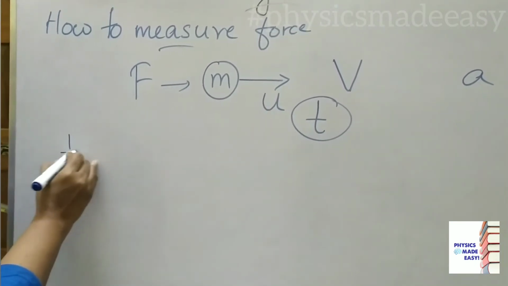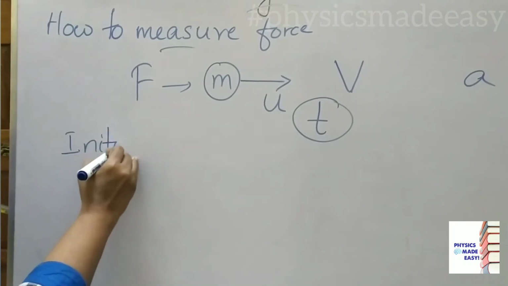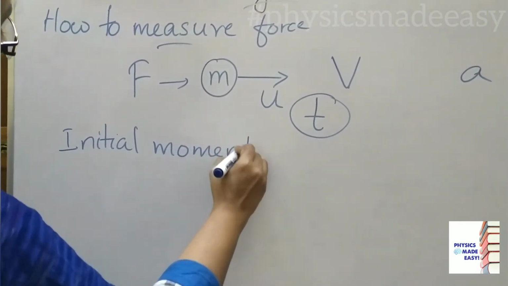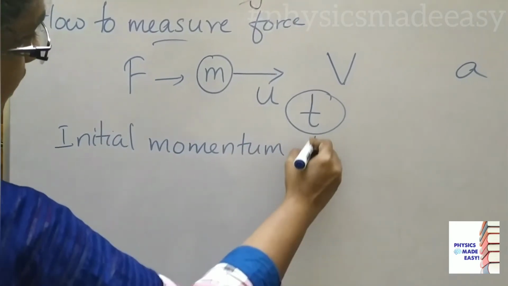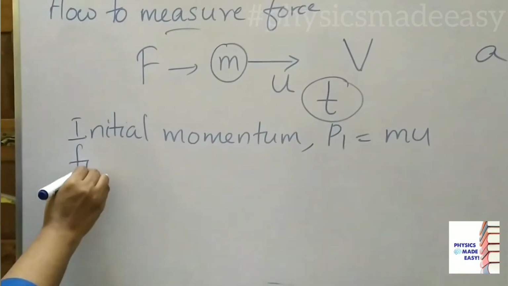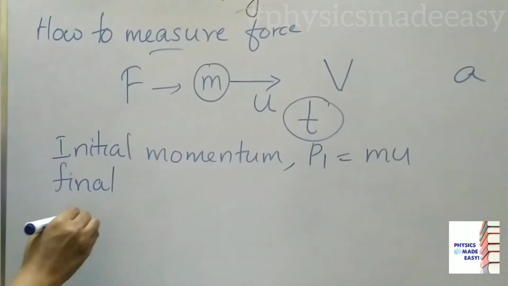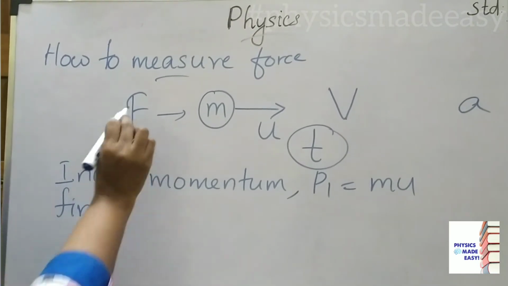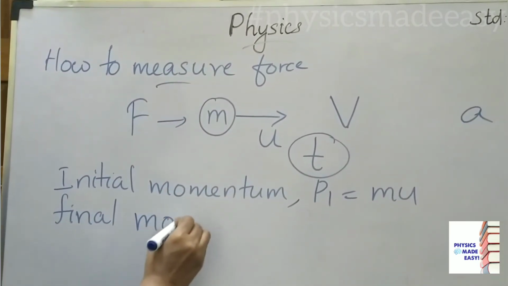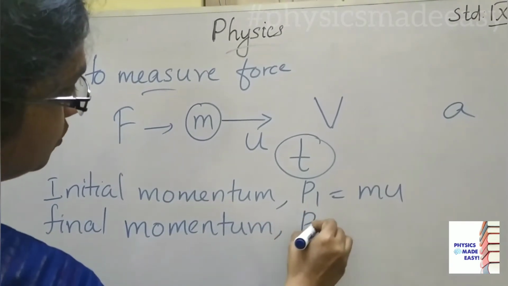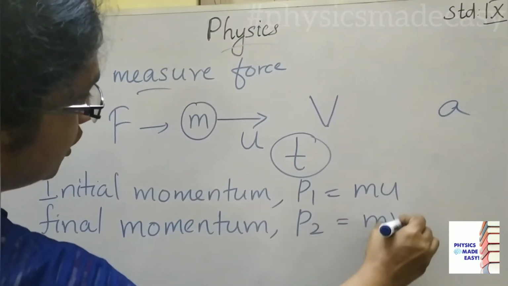So here we can write initial momentum of that object, that is p1 equals m into u. Like that, after time t, that acquires velocity v due to this applied force F. Then we can write final momentum P2 is equal to m into v.